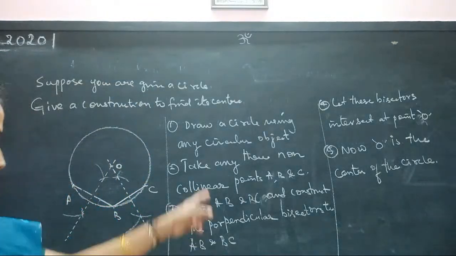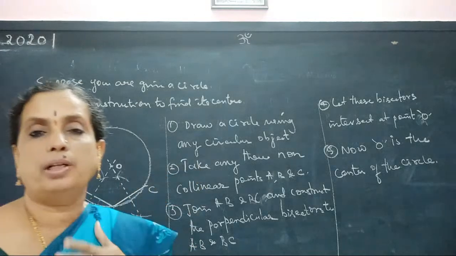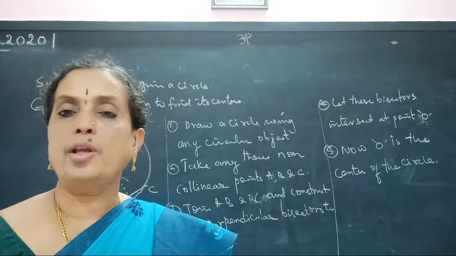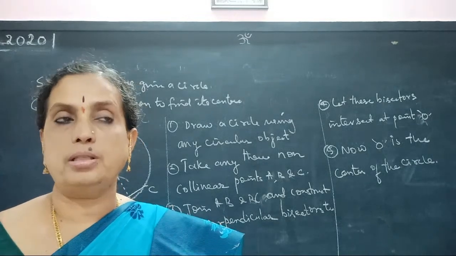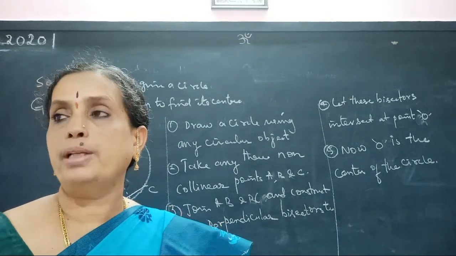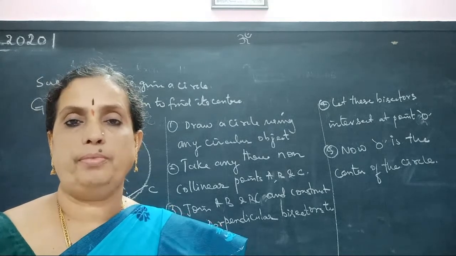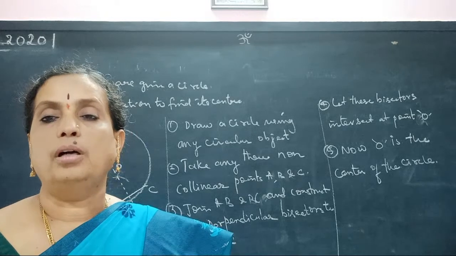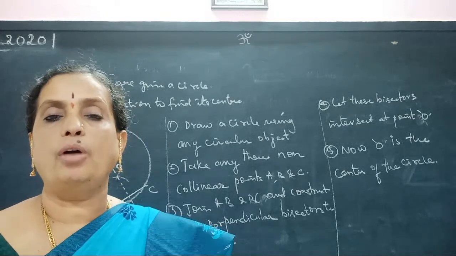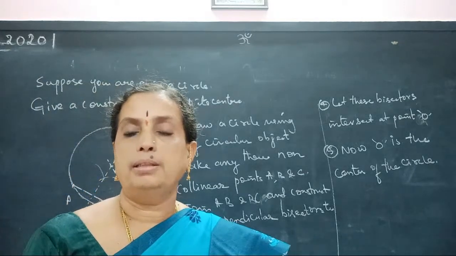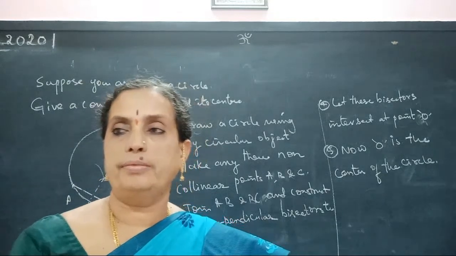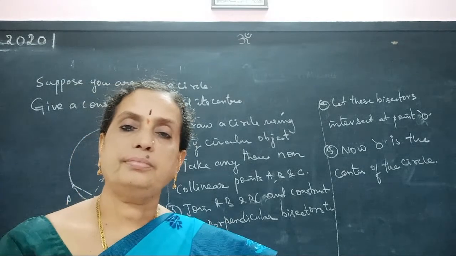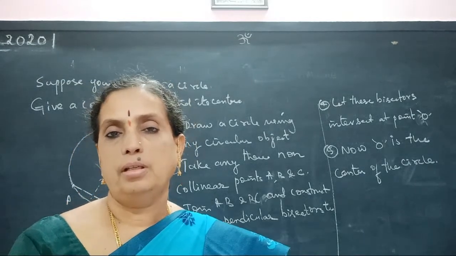I have given the steps of construction. Using that, you can again recall and do the construction. This is one of the activity based questions in this chapter: without using a center, how to locate the center of the circle. Is it clear?